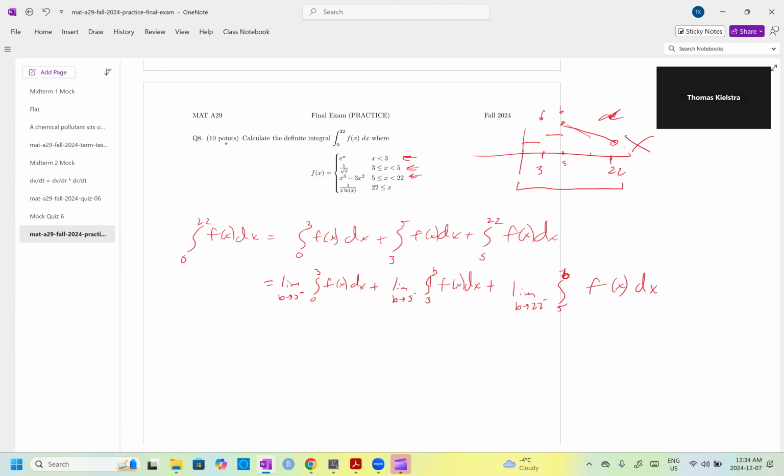Now that within these bounds the function doesn't change for each part, I can replace f of x with the corresponding part of the function.